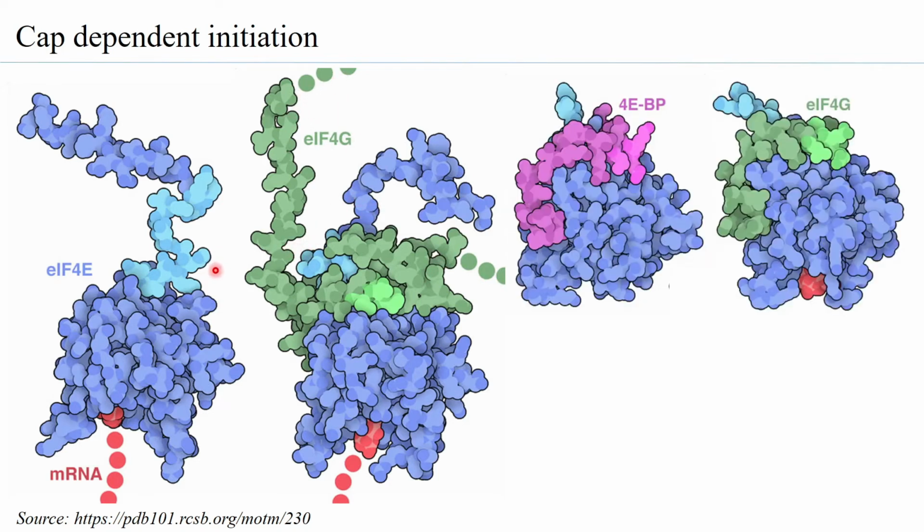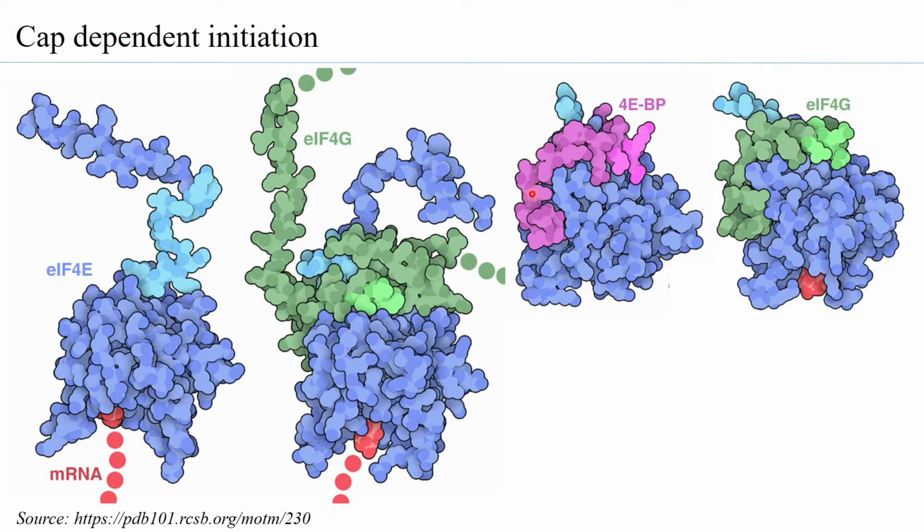Now, interesting to note is that the EIF4E is present within the nucleus in an inactive form. It is kept inactive because it binds to 4E binding proteins.